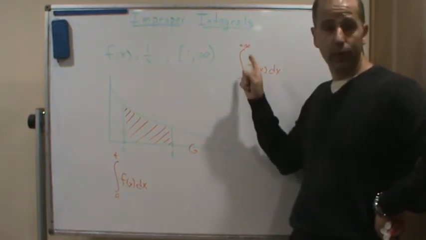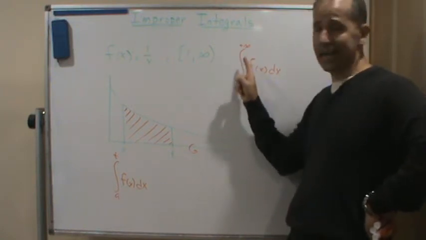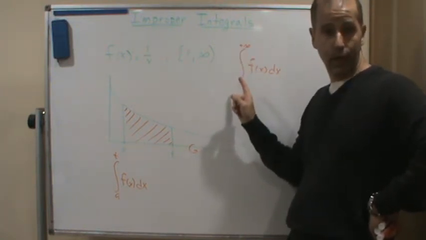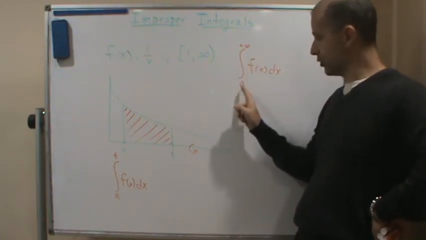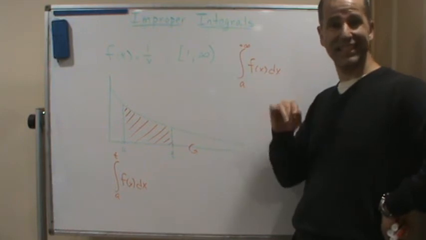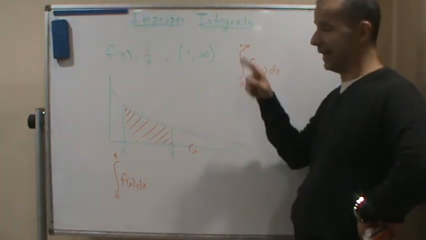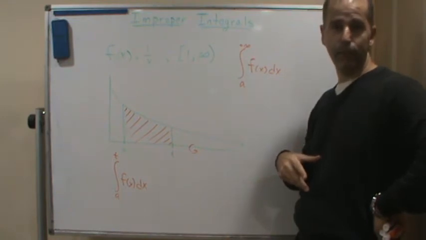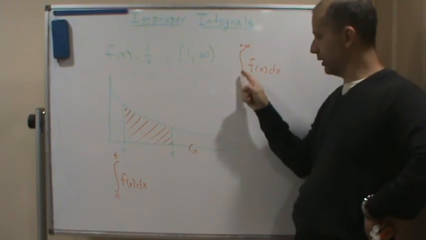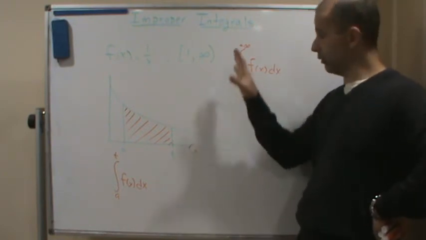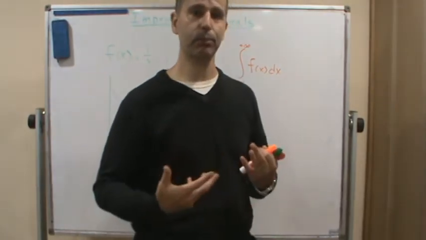But also we're going to consider integrals where there's a discontinuity along the integration. So if it contains a discontinuity anywhere, we're going to talk about that. Or if there's a discontinuity at one of the endpoints, we're going to consider that as well. Okay? Or if there's a discontinuity in between. So all of those are examples of what we are going to term an improper integral.